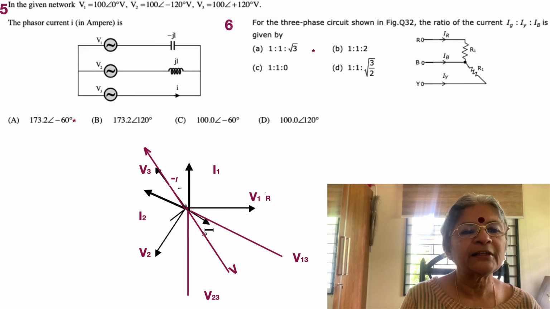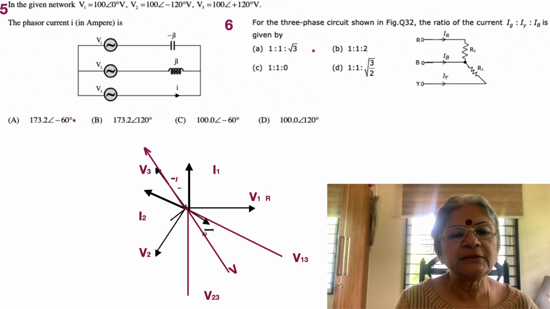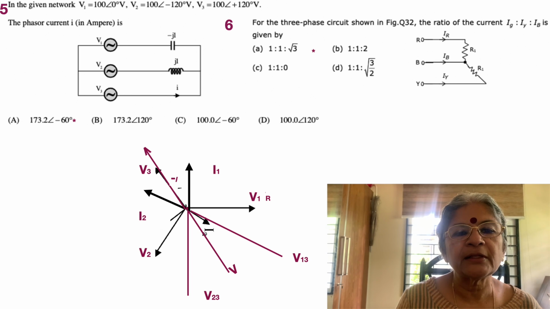Problem 6 is repetitive. It is similar to what we have done earlier for the three-phase circuits in question. The ratio of the currents IR to IY to IB is given by... I think it is a mistake, that's IR.